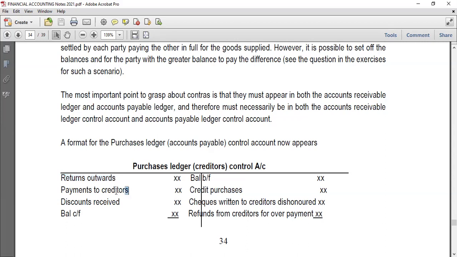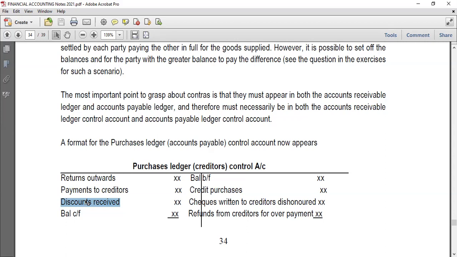When you also pay your creditors, you also debit your creditors control account in the same way, because it is reducing your outstanding creditors balance. And like we've said, anything that reduces our creditors should be debited, both in the normal ledger account but also in the control account. Same principle, okay? The same thing also happens with the discount received. In this case, it is us that are receiving discounts from our suppliers.